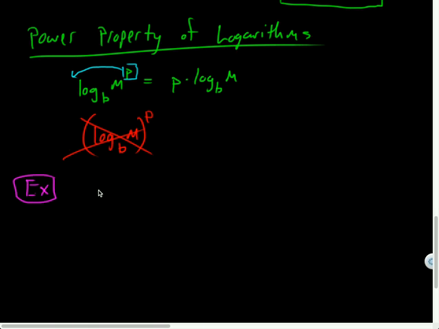Suppose, using the same information from previous statements, what if I wanted to figure out log base 3 of 5 halves? Now, this one's a little bit tricky, maybe isn't so obvious.